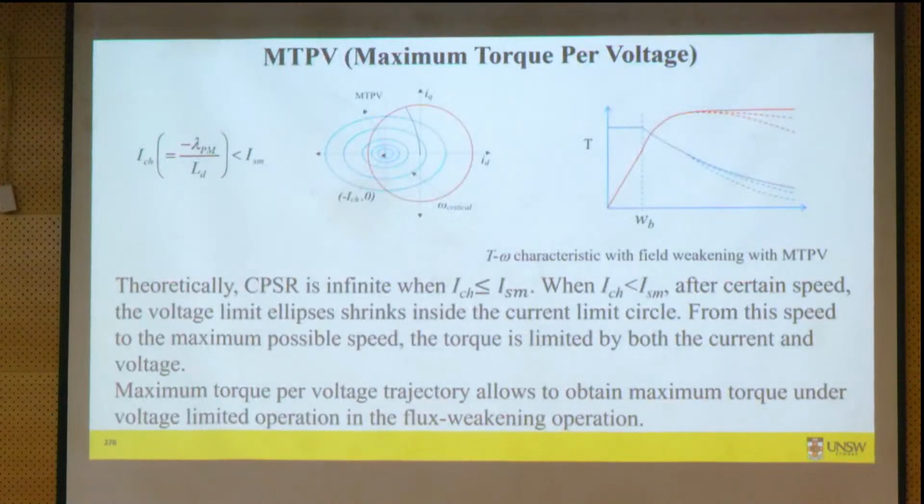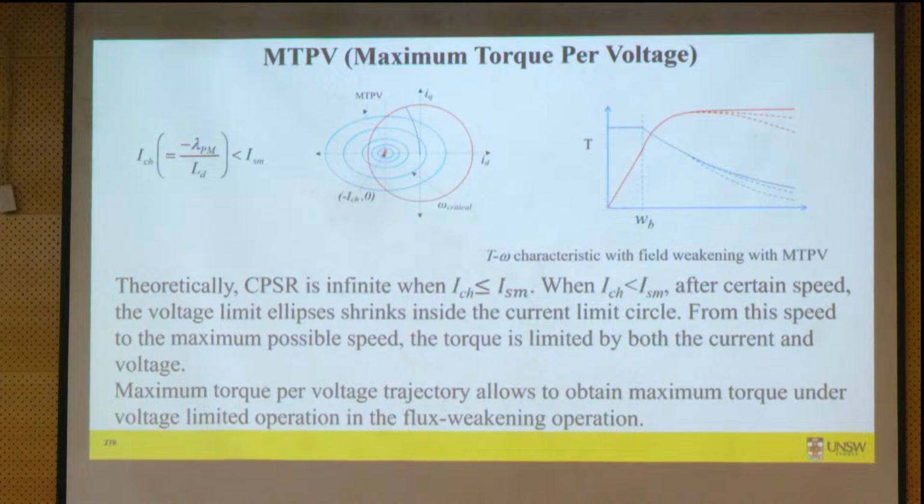And if the center of the ellipse is inside the current limit circle, then you can also get more flux weakening, of course not infinite, but you can get a higher flux weakening range or constant power speed range than when the center is outside of the current limit.